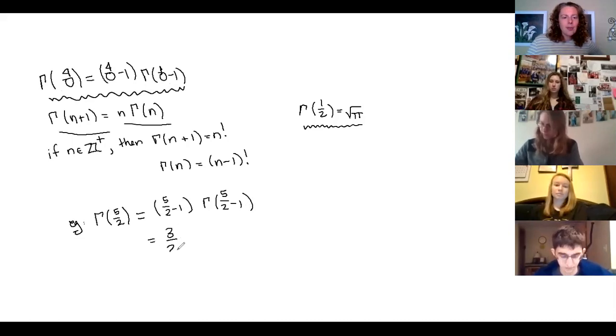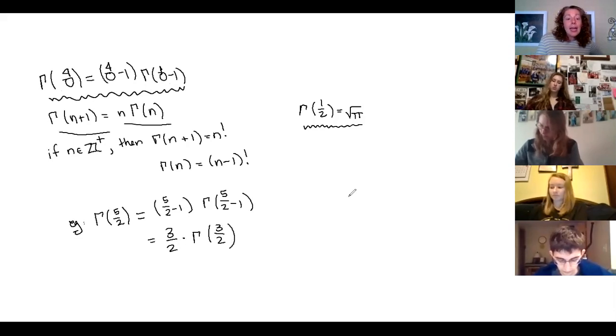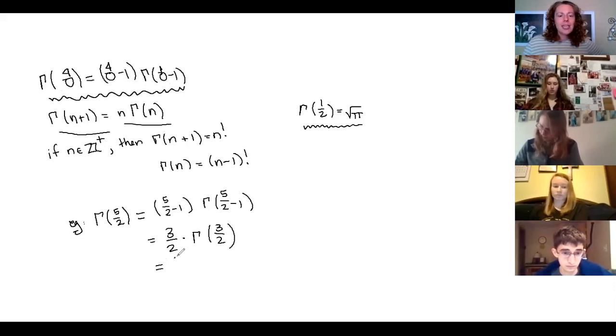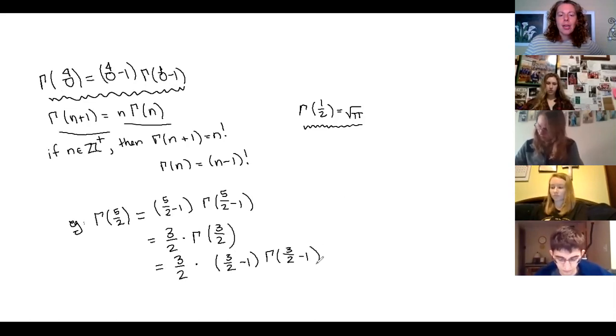This is 3 halves times gamma of 3 halves. And I still don't know what gamma of 3 halves is, so we've got to take our recursive relation down one more step. The 3 halves stays out in front, and then using my sailboat rule, this is going to be 3 halves minus 1 times gamma of 3 halves minus 1.